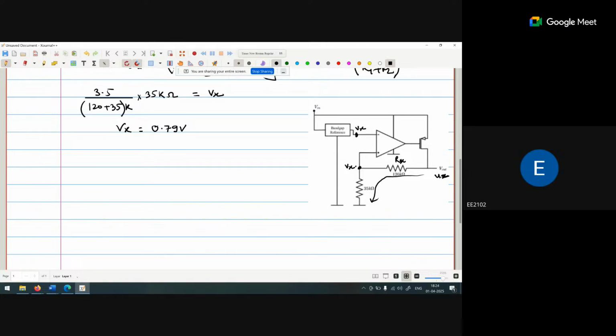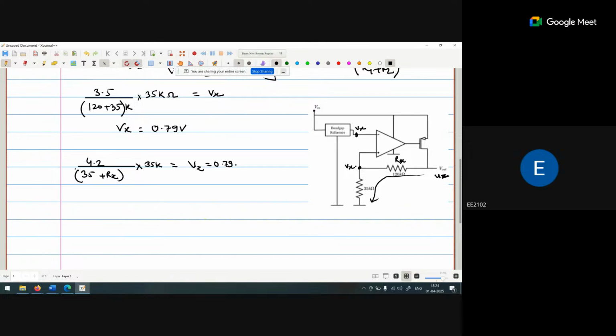So again the value of current is what? Now it is 4.2 divided by 35 plus Rx. Okay, this is the value of current. If it is multiplied with 35k, we get the Vx value, and Vx value is nothing but 0.79.